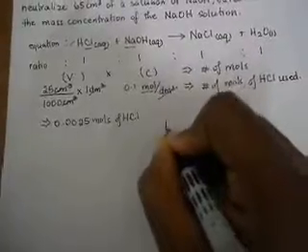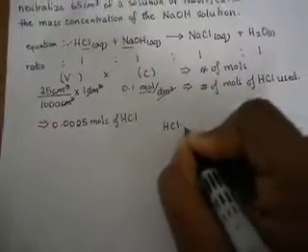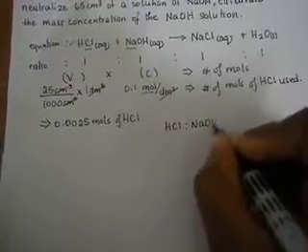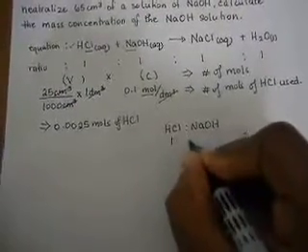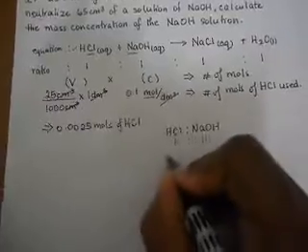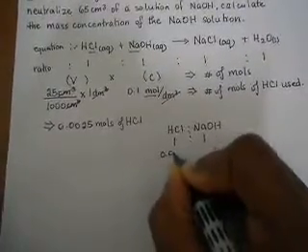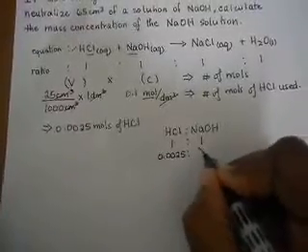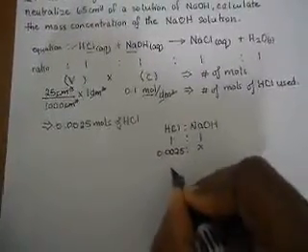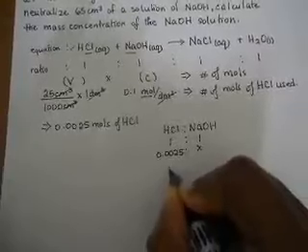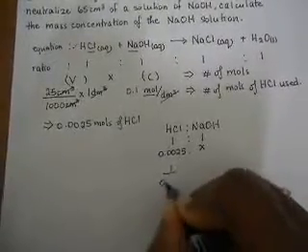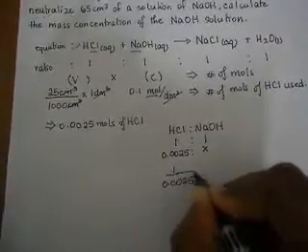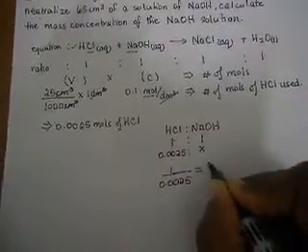Since we know that HCl reacts in a 1-to-1 ratio with sodium hydroxide, and we just figured out that 0.0025 moles of HCl will react with X, your ratios are written like 0.0025 equal to 1 over X.